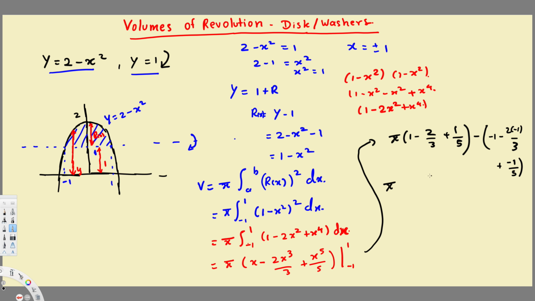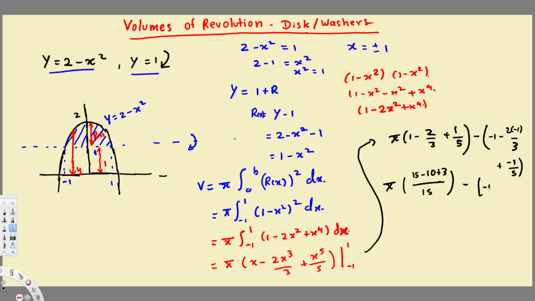So let's do the simplification right here. We can see the common denominator is going to be 15. If I take 15 as the common denominator, this is going to be 15 minus, this is going to be 5, so 5 times 2 is going to be 10. Here we are going to have 3 times 1, which is 3. Let's make everything a little bit simpler and do the calculation.